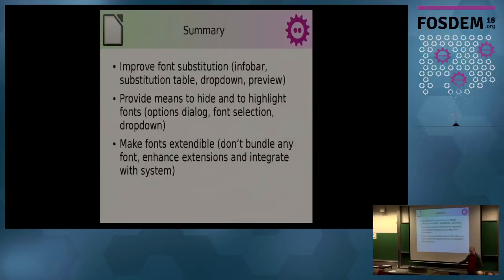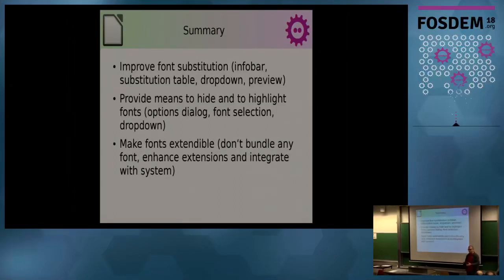To summarize, we need improvements on the font substitution. An info bar, the substitution table should be more easily accessible. The drop-down would need some love, and the preview is really nice to have. That's actually what the user wants. We need means to hide and highlight fonts, hide unused, highlight favorites.